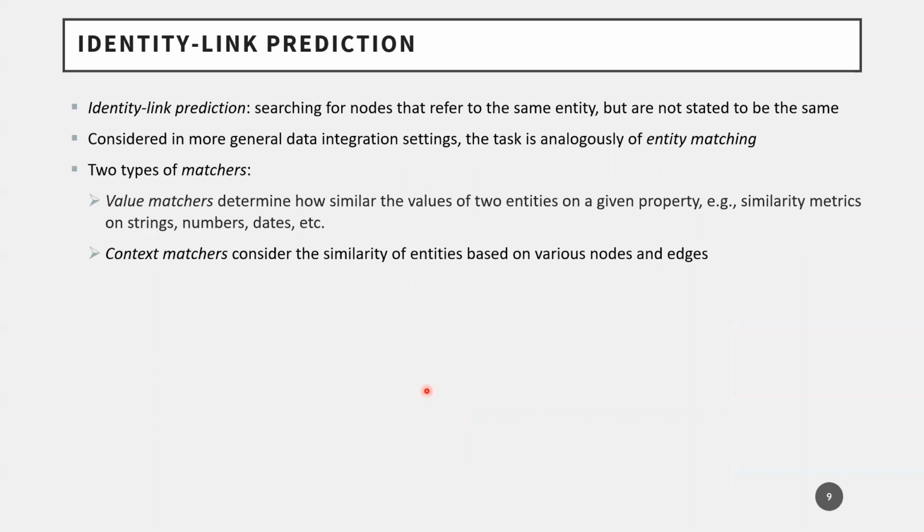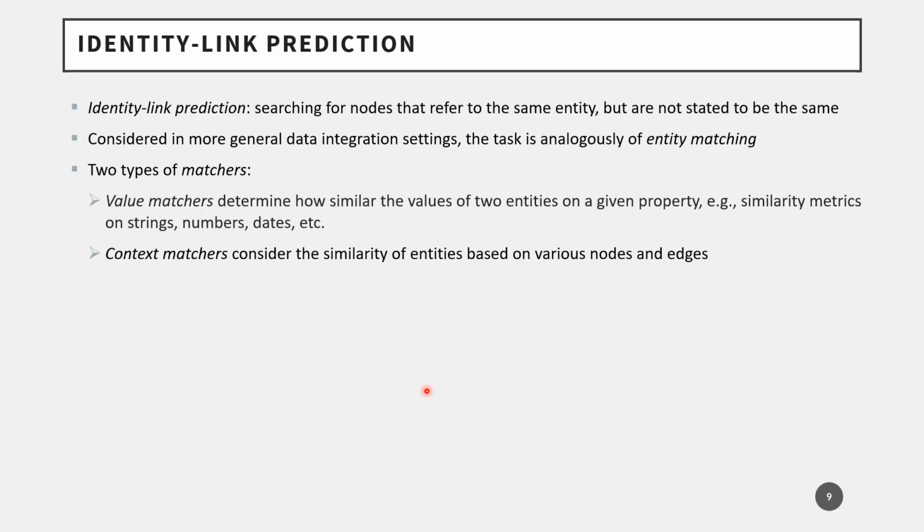For the task of identity link prediction, we will search for the nodes that refer to the same entity but are not stated to be the same. We determine which two nodes represent the same entity. In a more general data integration setting, the task is analogously entity matching. There are two types of matches, value matches and context matches.